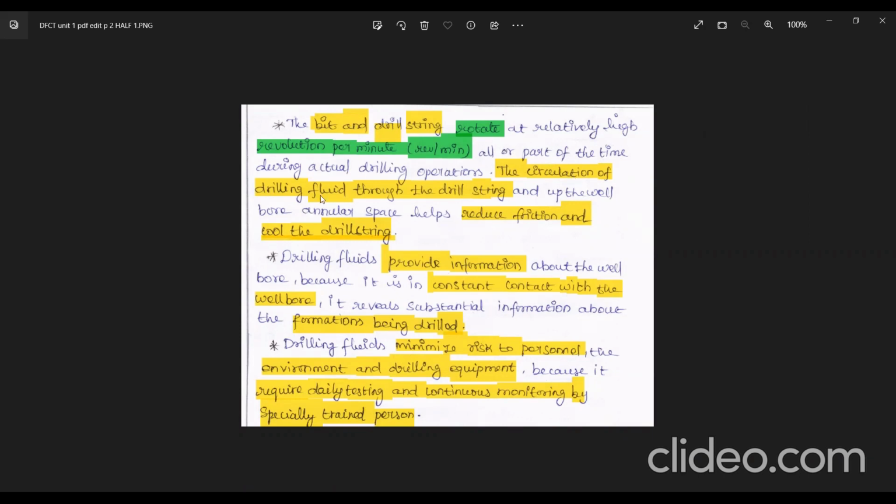The circulation of the drilling fluid through the drill string and up through the annular space helps reduce friction and cool the drilling string. So when the drilling fluid goes in, it goes in, but we have not talked about cooling the drill string. It also cools the drill string and helps reduce the friction in the drill string.